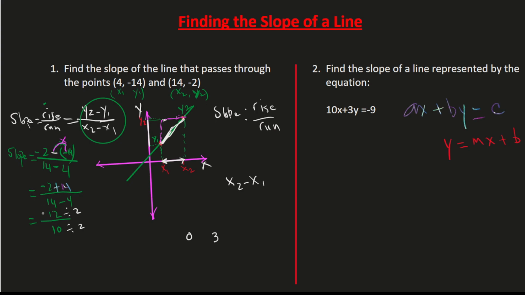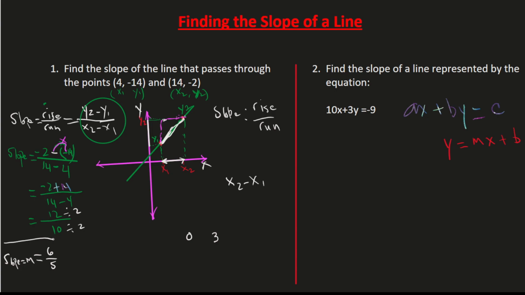And in the end, the answer is 6/5. So 6 over 5, that's the slope, which is the same as m, because you might say m, or you might say slope.